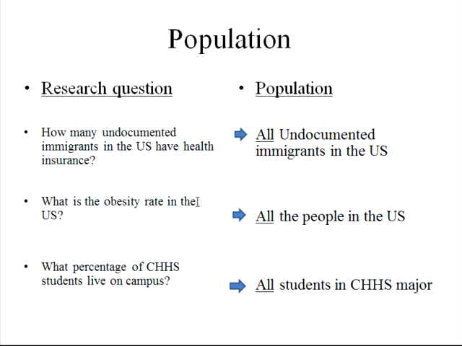Or if your research question is what is the obesity rate in the US, then your population is composed of all the people in the United States, all of them. Having a smaller research question, what percentage of CHHS students live on campus? In that case, we're interested in all CHHS students, all students at CSUMB who have a CHHS major.